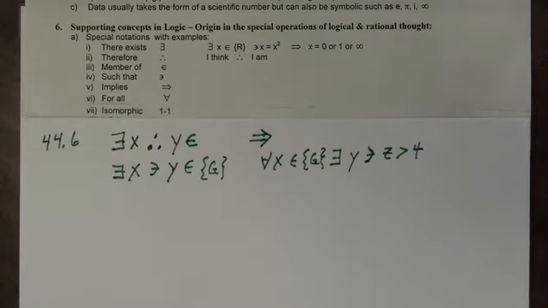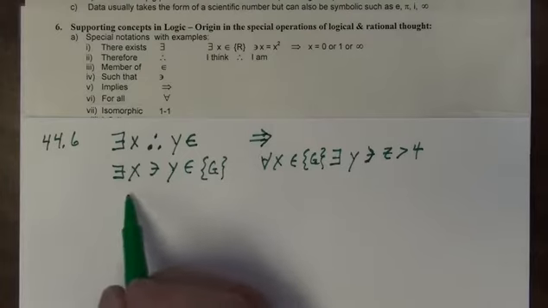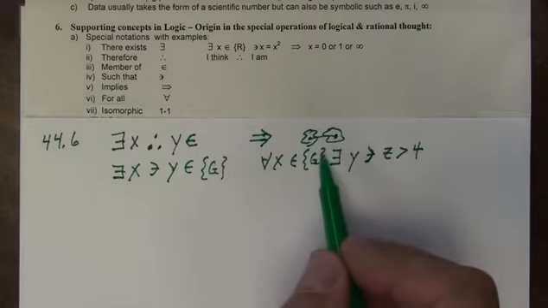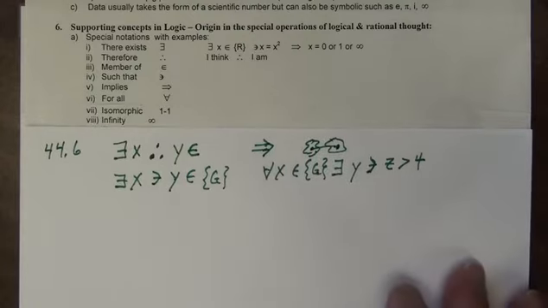Again, it's just notation. Isomorphic means one-to-one. It means if we compare two sets, for every item here, there's one item over here, and vice versa. Isomorphic means one here matches to one there.